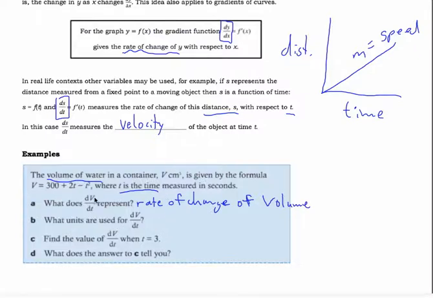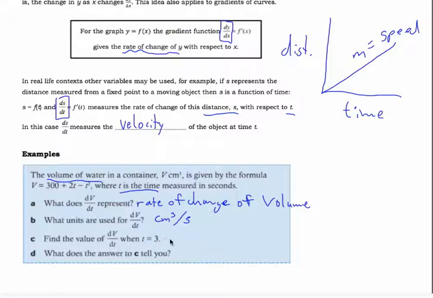If it's rate of change of volume per time, then the units are going to be cubic meters per second. So when we get the derivative, we're getting the rate of change of volume per time.